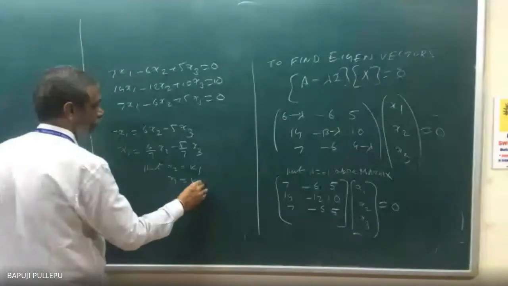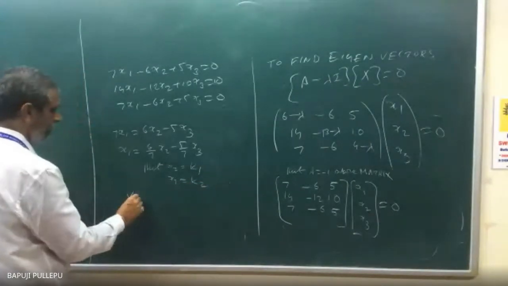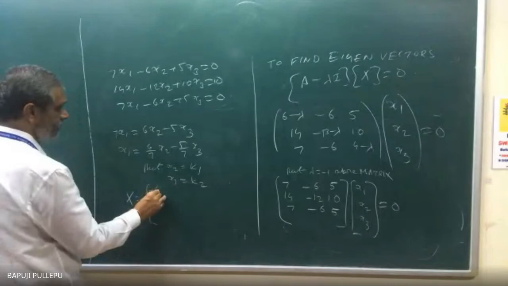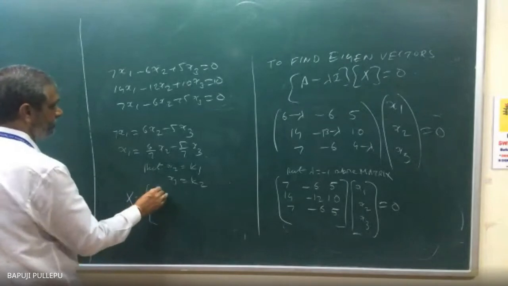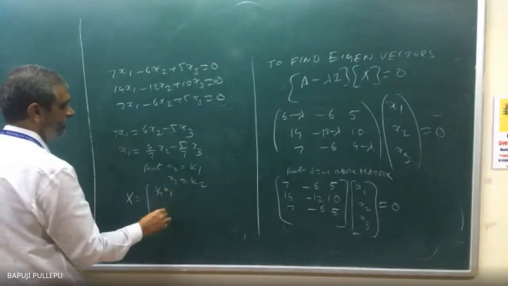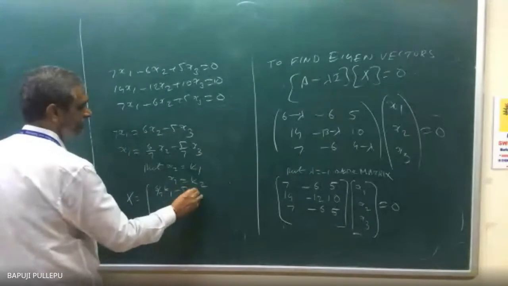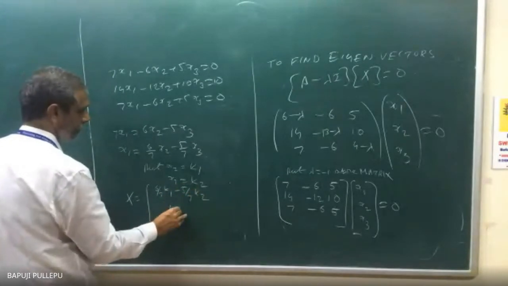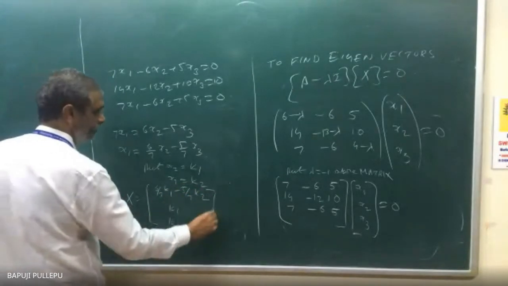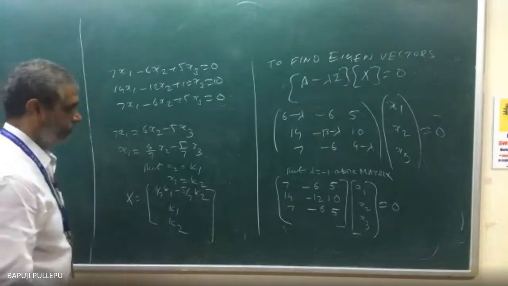Now my x1 becomes plus 6 by 7 k1 minus 5 by 7 k2. Are you agree, sir? Sir, can you repeat?